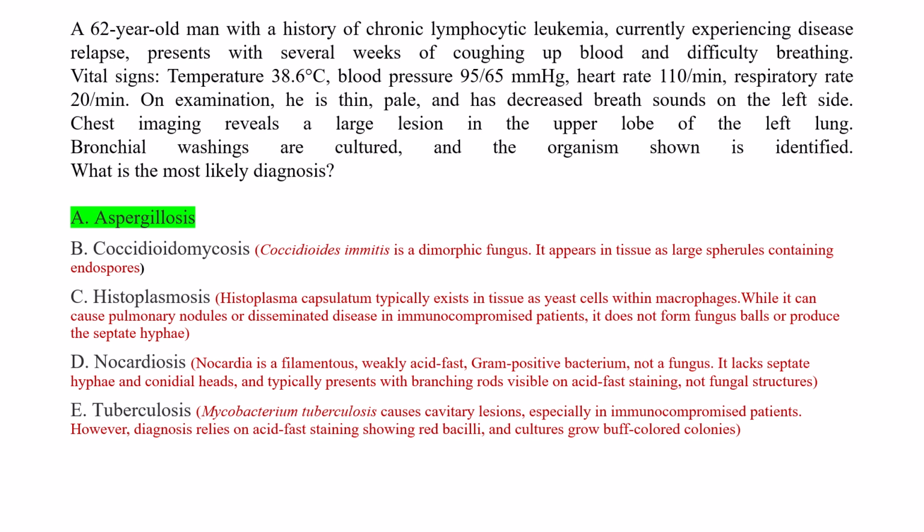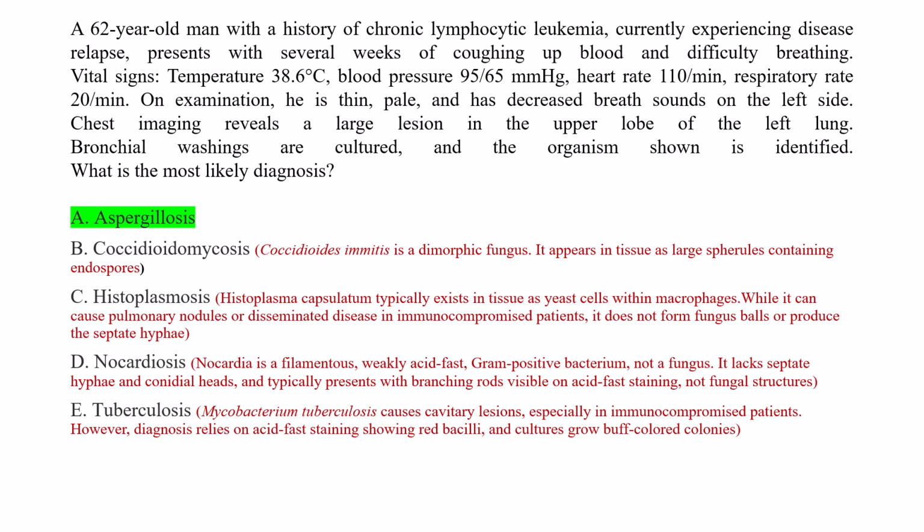as branching hyphae. While it can cause pulmonary nodules or disseminated disease in immunocompromised patients, it does not form fungus balls or produce the septate hyphae seen in Aspergillus. And option D is incorrect because Nocardia is a filamentous, weakly acid-fast, gram-positive bacterium and not a fungus.